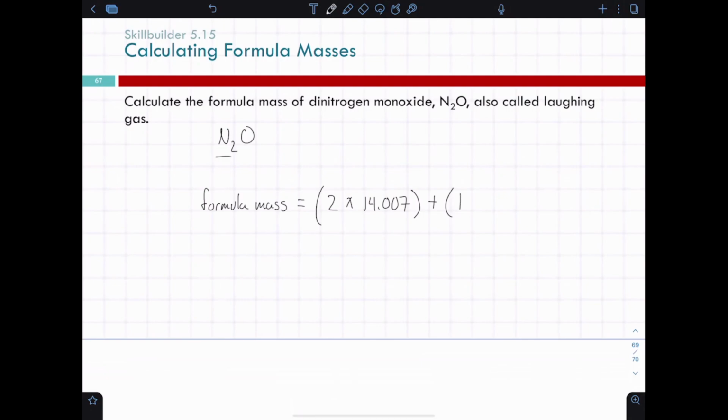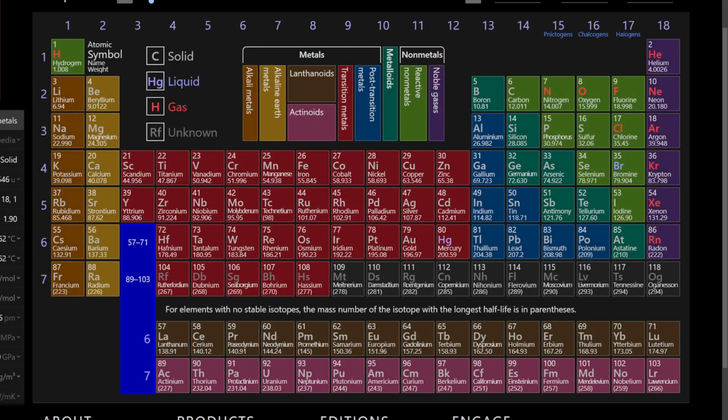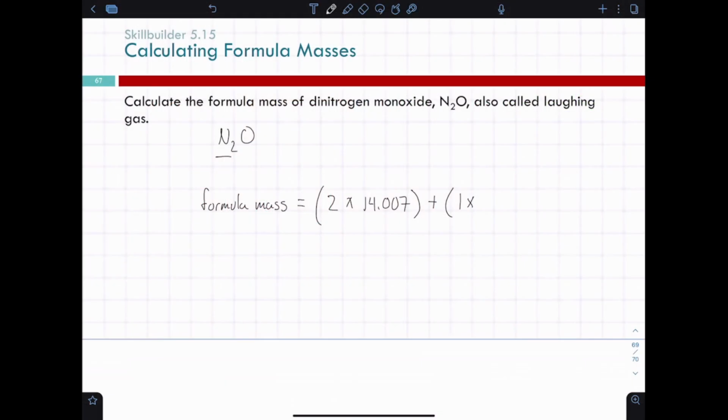We have 1 oxygen there, and we're going to multiply that by its mass, which again we find on the periodic table the same way. Oxygen's up here. If you're on your phone, this is probably way too tiny to see, but it's 15.999.